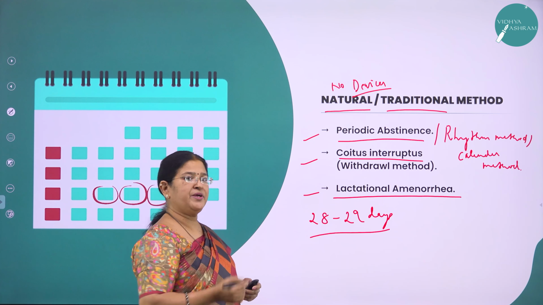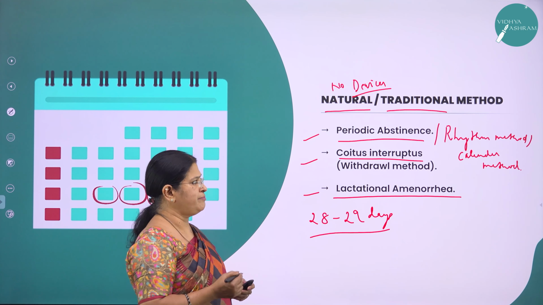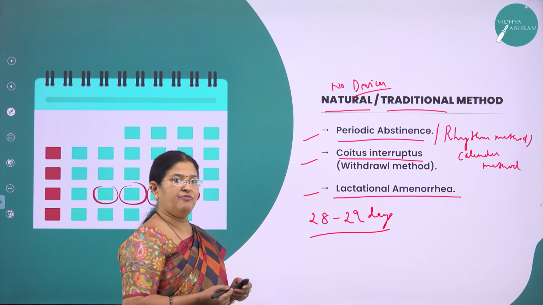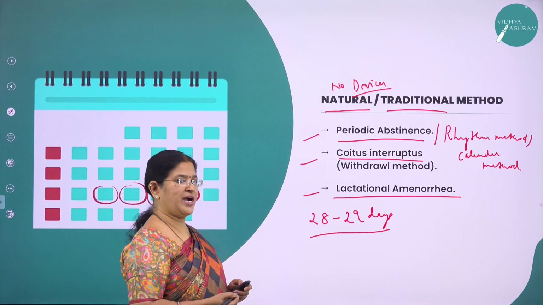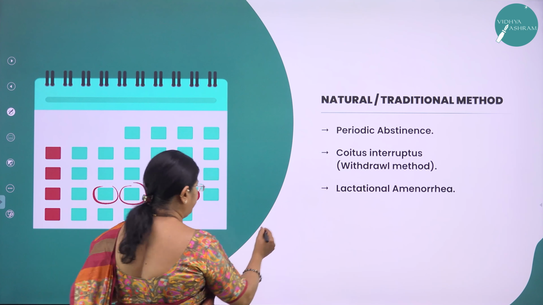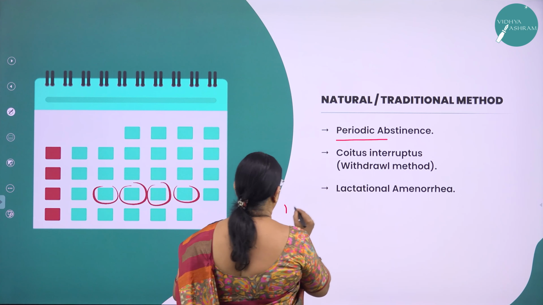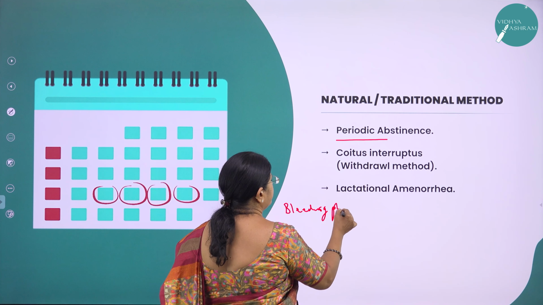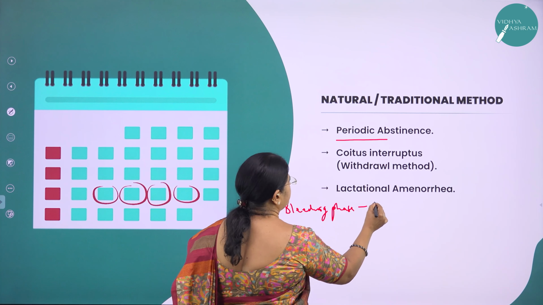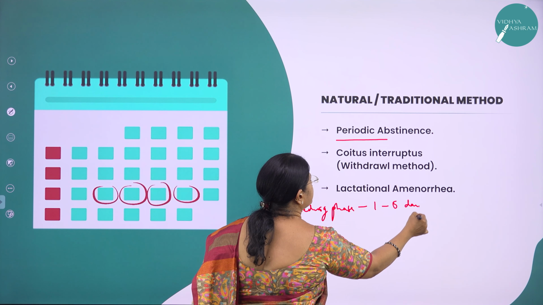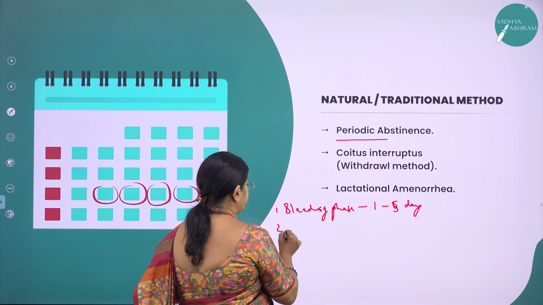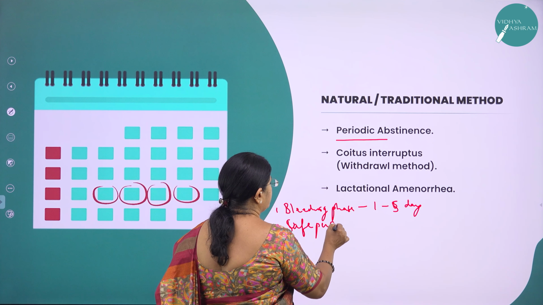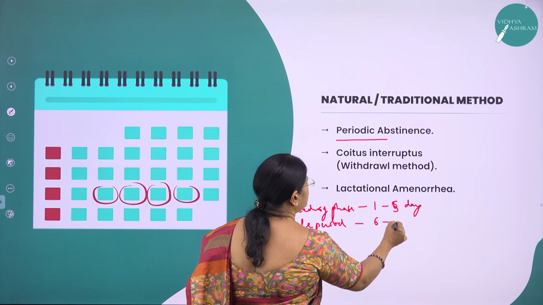Now, what is this periodic abstinence? As I said, this is a method which is based on the knowledge of the menstrual cycle, where the menstrual cycle is divided into 4 phases. The first phase is called the bleeding phase, which lasts for 1 to 5 days. The next is called the safe period, that is 6th to 10th day.